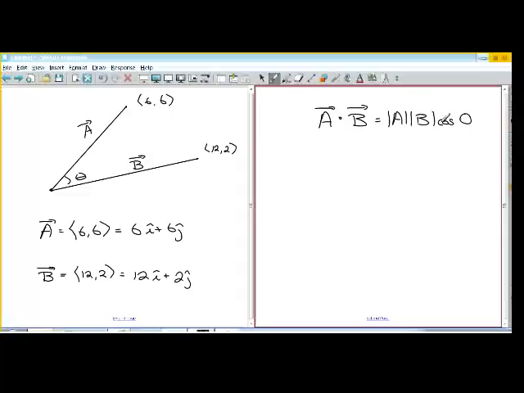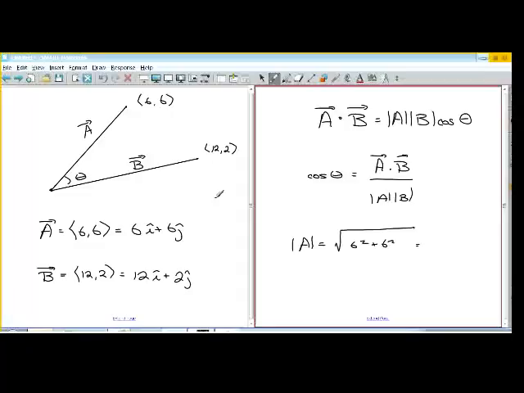But it turns out that if you have two vectors, A dot B, using the dot product, is equal to the magnitude of A, which is a length, times the magnitude of B times the cosine of the angle theta between them. So if you want to solve for the cosine of the angle, it's going to be the dot product of the two vectors divided by the magnitudes of the two vectors.